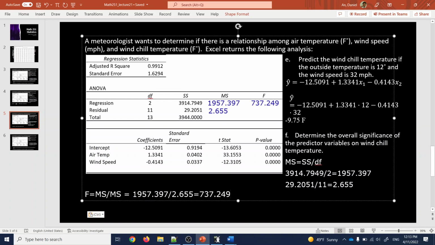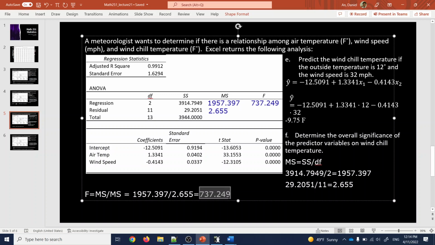Now we have to find the p-value. How do we find the p-value? This is how it works. The F distribution also looks like the chi-squared. It has this half bell-shaped curve that starts from 0 and goes like that, and we always do a right tail test. So the p-value would be the area under that distribution from this starting value 737 until infinity.